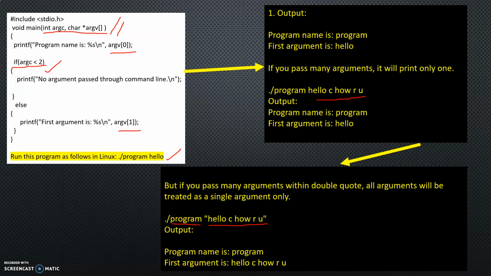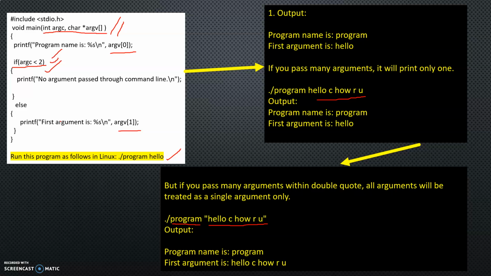One is the integer argc, because it is a counter: a number 1, 2, 3, 4, how many elements. The second one is argv, a vector, because it is a character pointer variable, taking the value of that particular variable, so I have to use a character. And the most important thing is the condition, how many elements you are taking, what the counter is. Depending on this, your program will run.